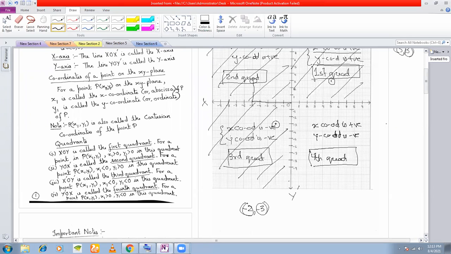Why? Suppose I want to plot the point (7, -3). The x coordinate is positive, the y coordinate is negative. From 0 I'm moving 7 units here and then I'm moving -3 units. My (7, -3) will be somewhere over here. Understood? So this quadrant is called the fourth quadrant. Clear?